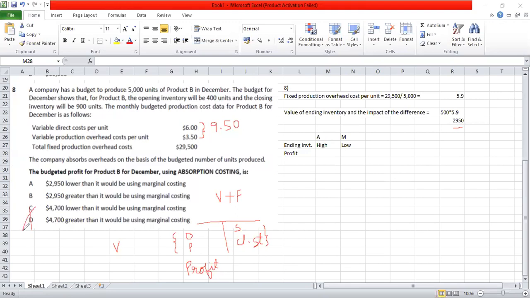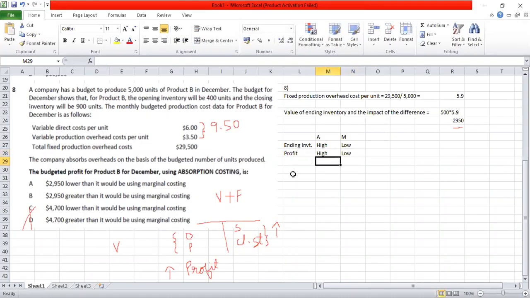Will absorption costing have lower profit than marginal costing, or higher profit than marginal costing? If the credit side is high, the profit also will be high. Which one has a higher ending inventory? Absorption costing. So profit under absorption costing also will be high, and here it would be low.